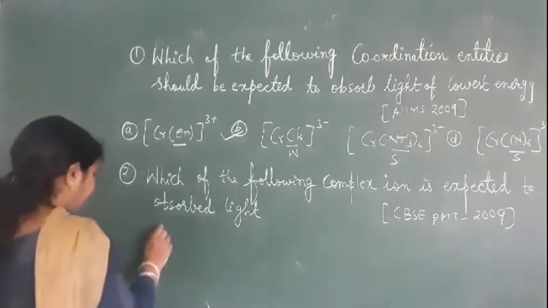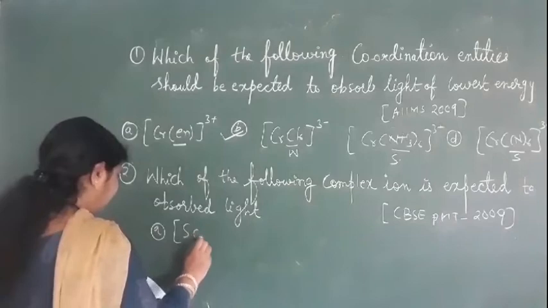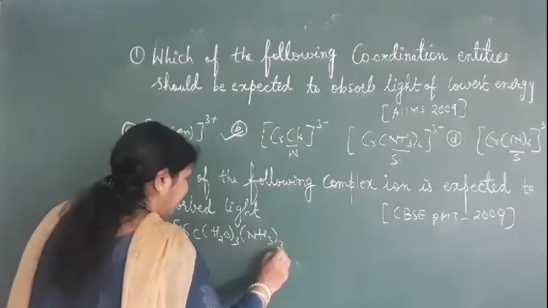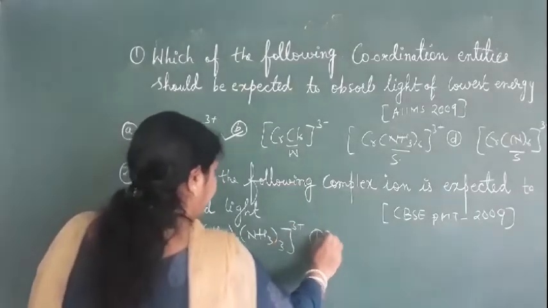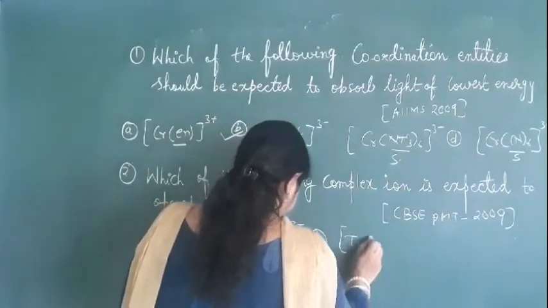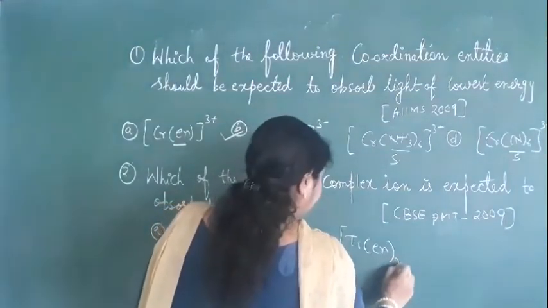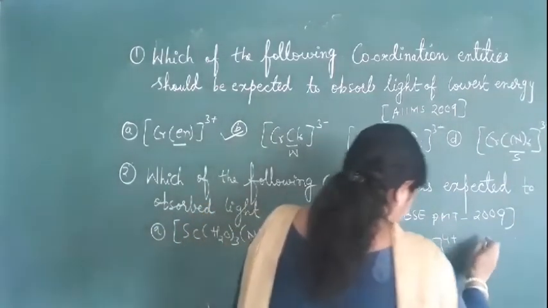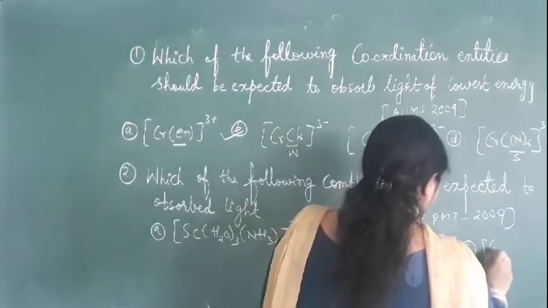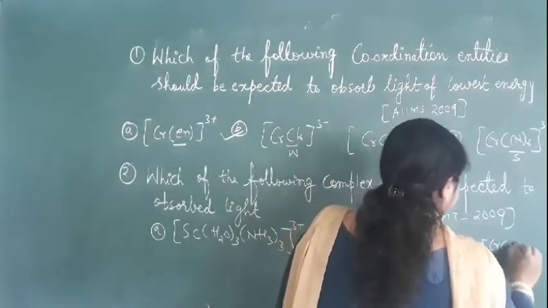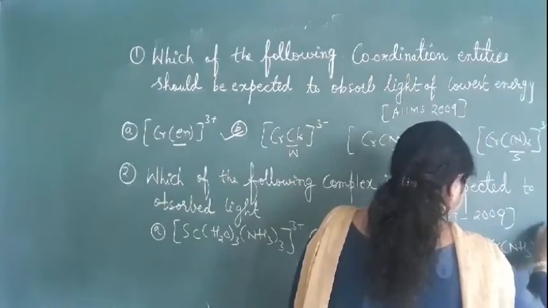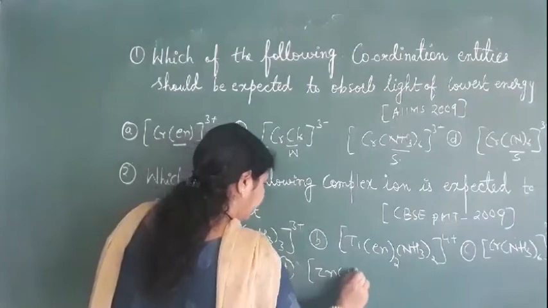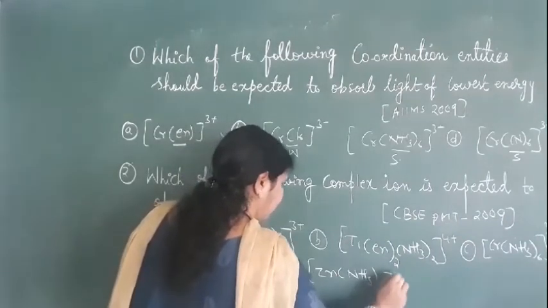I didn't write the options here, so the options are: A, scandium, H2O 3, NH3 3, 3 plus; B, titanium, en twice, NH3 twice, 4 plus; C, chromium, NH3 6, 3 plus; and D, zinc, NH3 6, 2 plus.